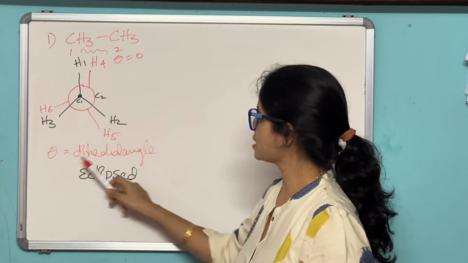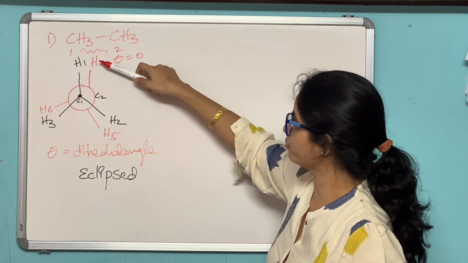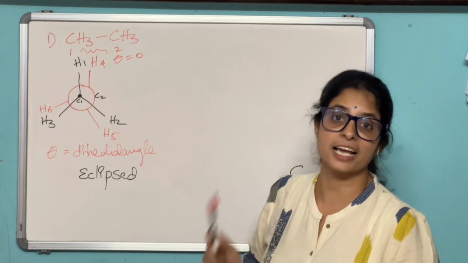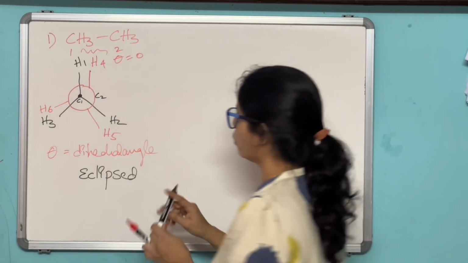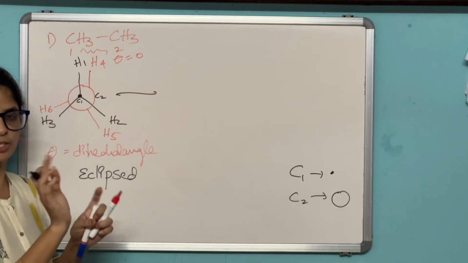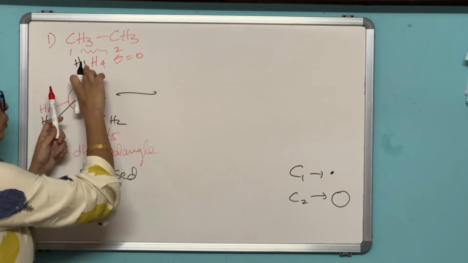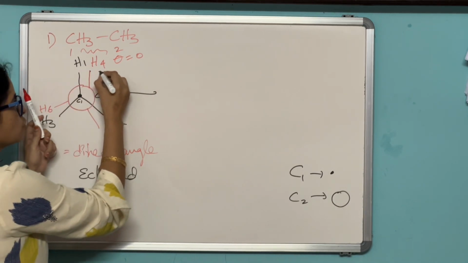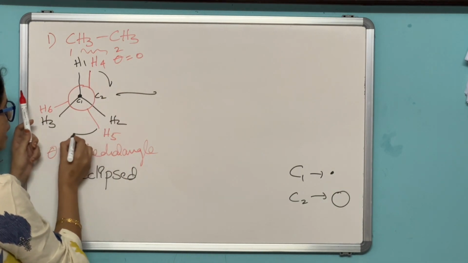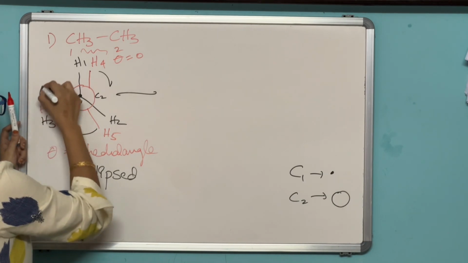So this is about the dihedral angle and the Newman projection, and if the dihedral angle theta is equal to 0, we call that conformation eclipsed. Now fix the front carbon atom C1 and rotate the back carbon atom by 60 degrees. What will happen? H4 will come to this side, H2 will come at this place, and H3 will come here.